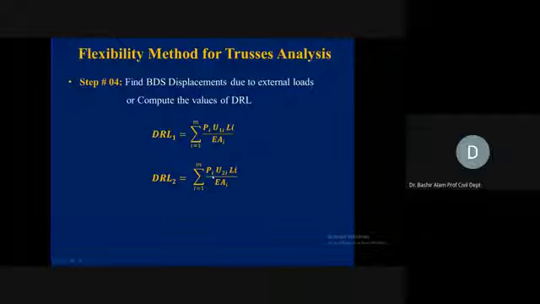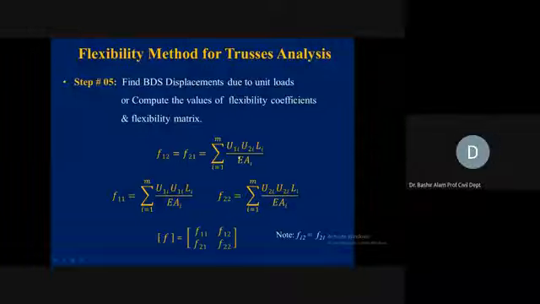DRL2 will be the summation of P U2 L divided by EA, like we did capital M times M2 dx over EI. Similarly, F11, F12, F21, F22: F11 is the product of U1 and U1, and F22 is the product of U2 and U2.